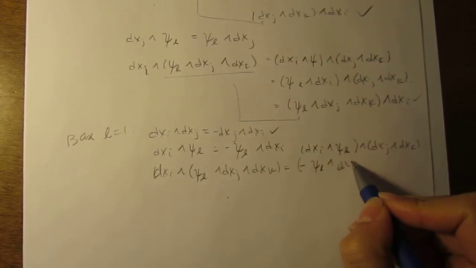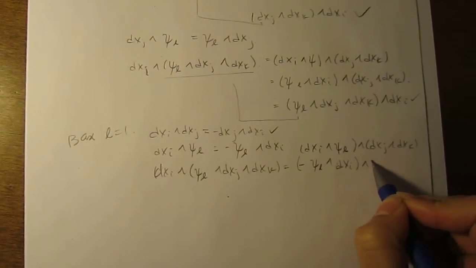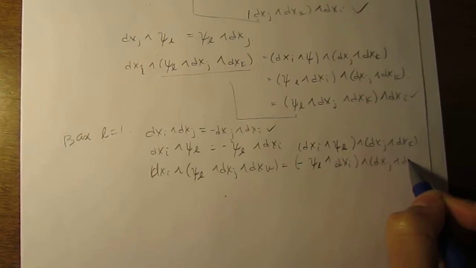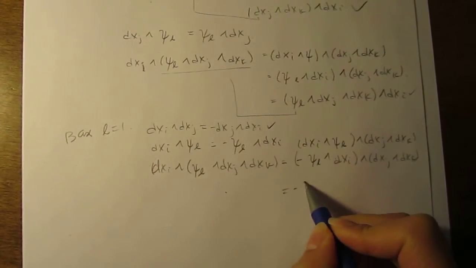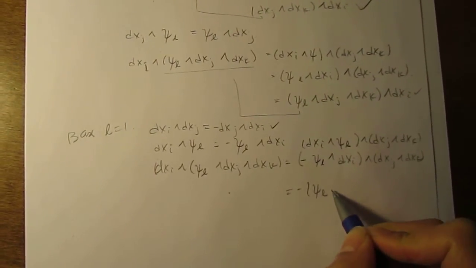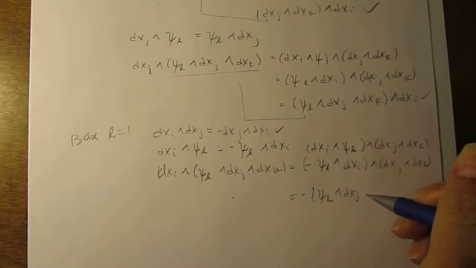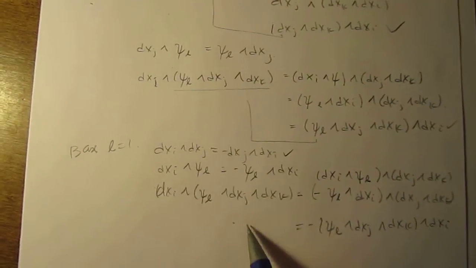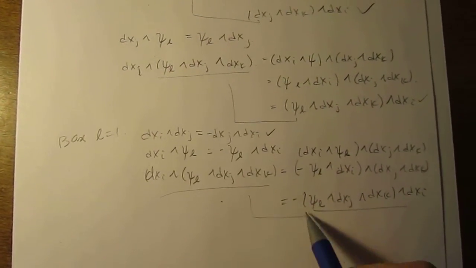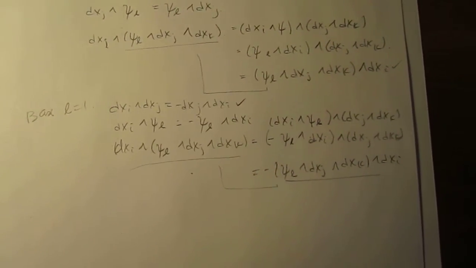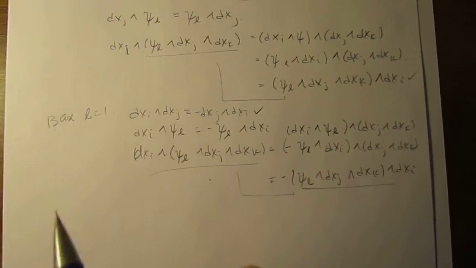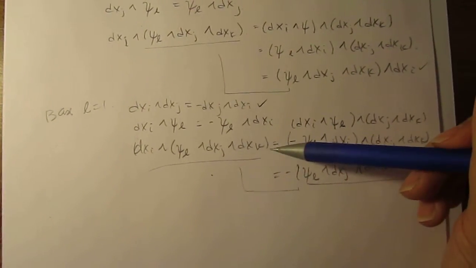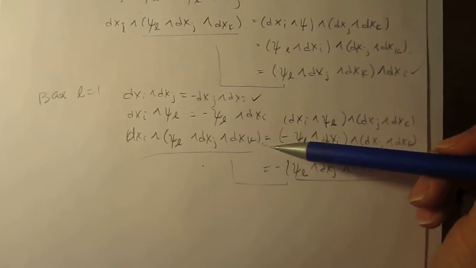By our base case we're going to get this, and this is equal to the negative of an L form wedge dxj wedge dxk wedge dxi. These are wedged together in opposite order and they have a negative in front, so we prove that if L is odd and we do it for L plus 2, which is also an odd number, then we're going to get a negative.